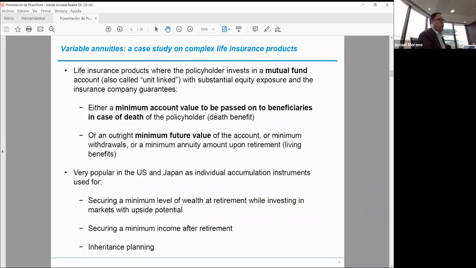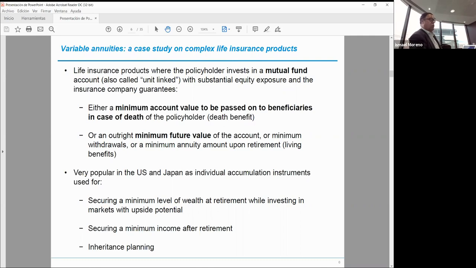So what are variable annuities? It's a type of product where the policyholder, the insured, invests in a mutual fund, in an investment fund, which is normally called a unit-linked account for technical reasons. It's a bit of a strange name, that unit-linked thing, but that's the way it's actually called technically.